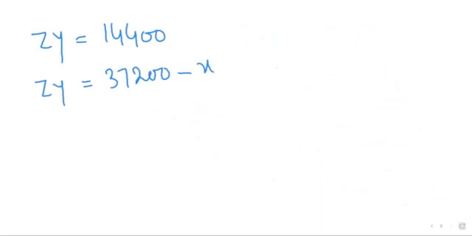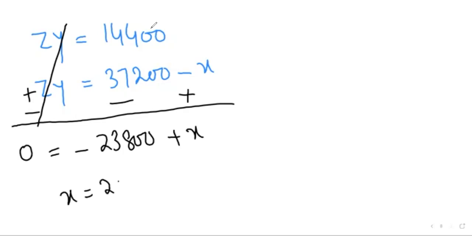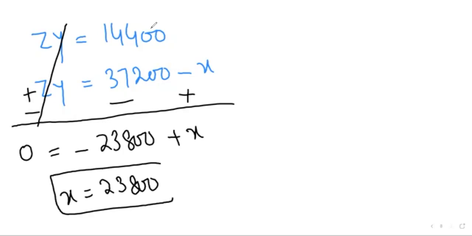We can simply subtract them to find out the values. It is minus 22,800 plus x equals 0. So x is 23,800. So x is known.